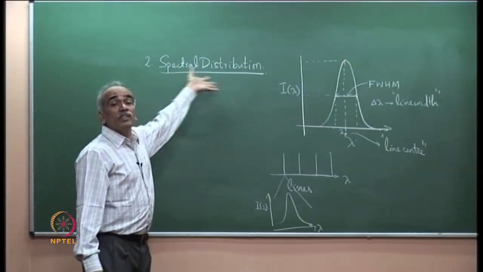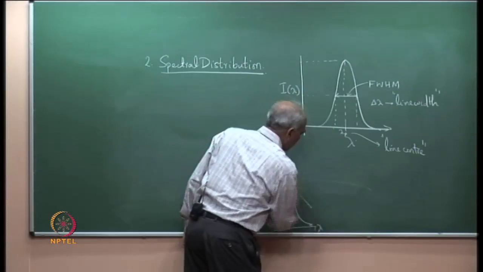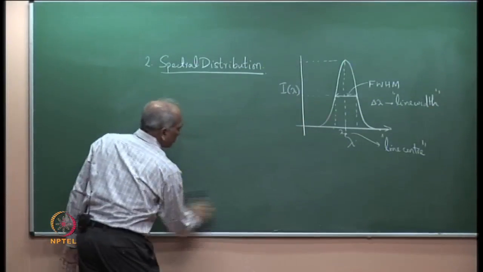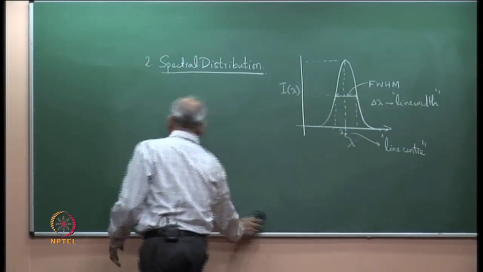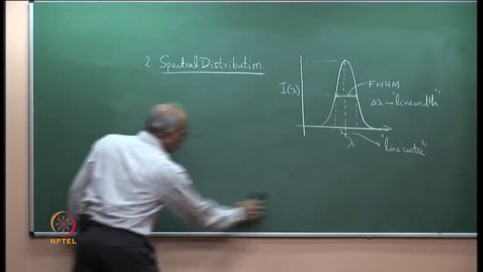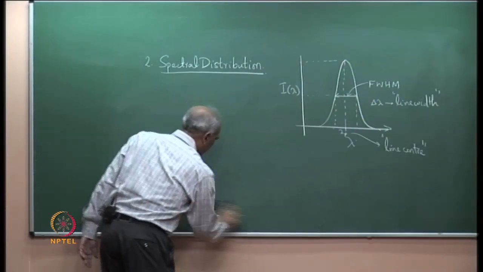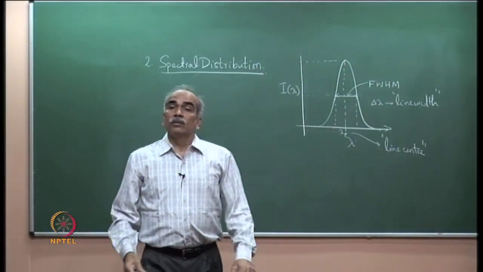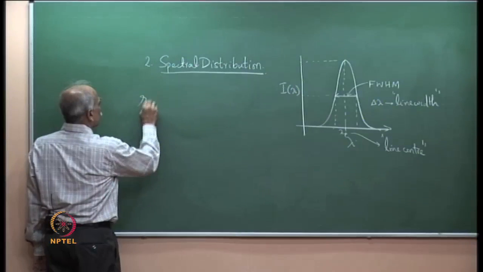So we want to see what the spectral distribution of an LED is. Recall what we have studied. Light generation in an LED is primarily due to spontaneous emission, and the rate of spontaneous emission indicates the rate at which photons are emitted, so the intensity is determined by the spontaneous emission spectrum.